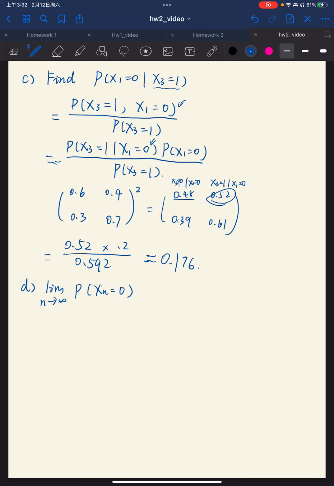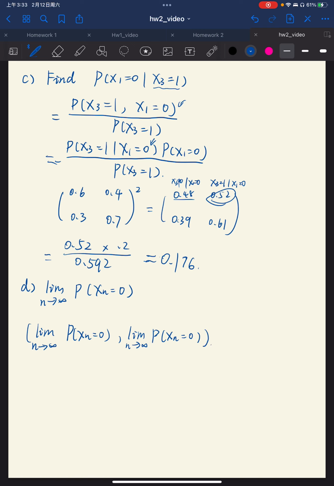For this one, if we use our general form, we can have the probability of x infinity. It is equal to the limit as n goes to infinity, and we can write it this way.